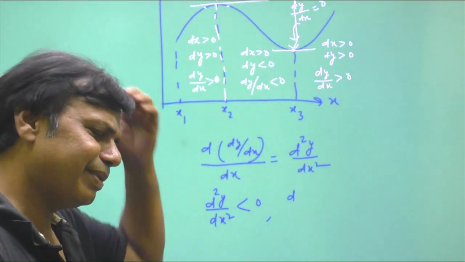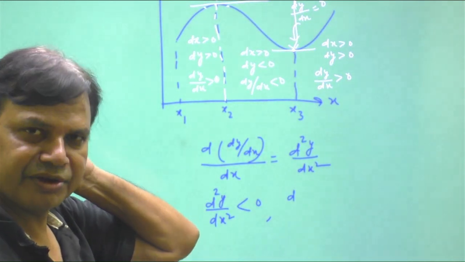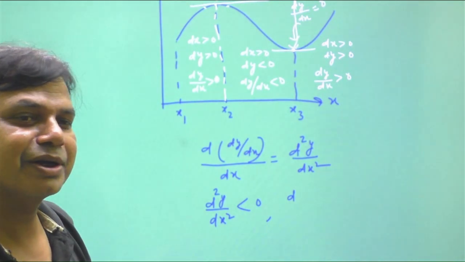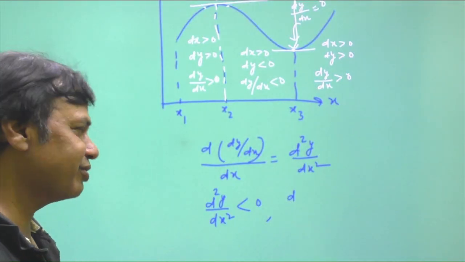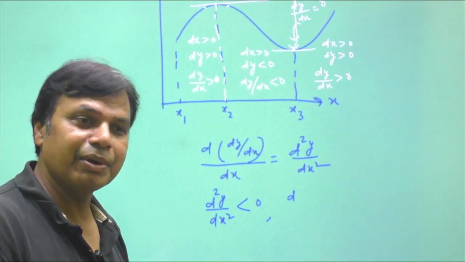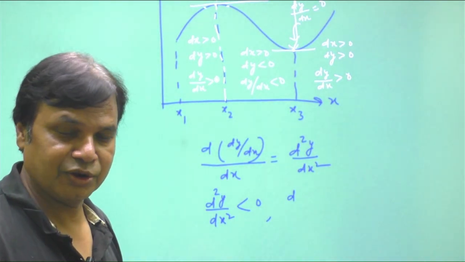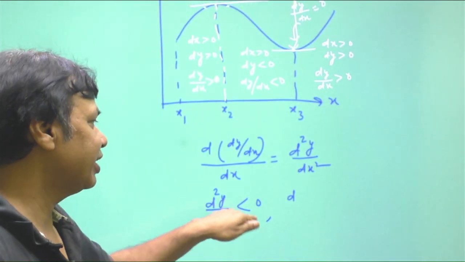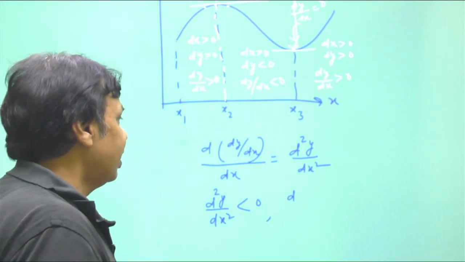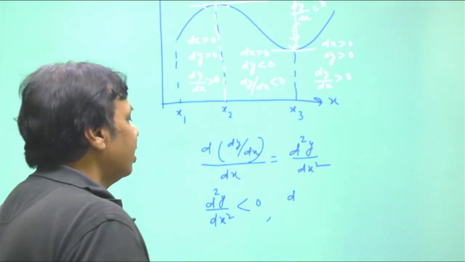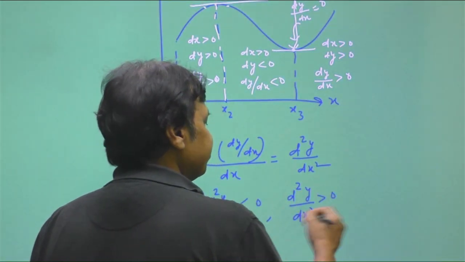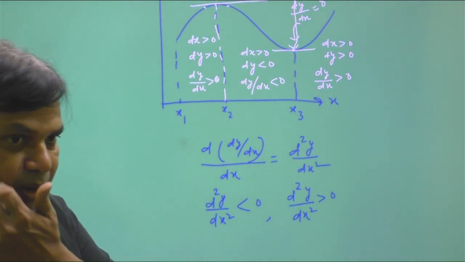That doesn't matter, because the derivative of a constant is 0. If something is increasing or decreasing, its derivative is never 0. And since around the maxima, dy by dx itself is decreasing, not a constant, d2y by dx square will be negative at the point of local maxima, and in a similar manner d2y upon dx square is greater than 0 around the local minima.